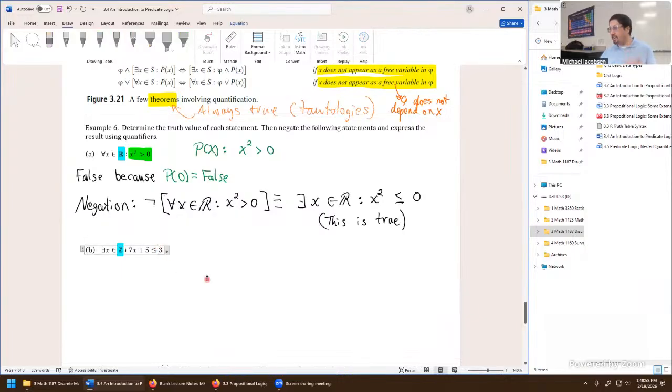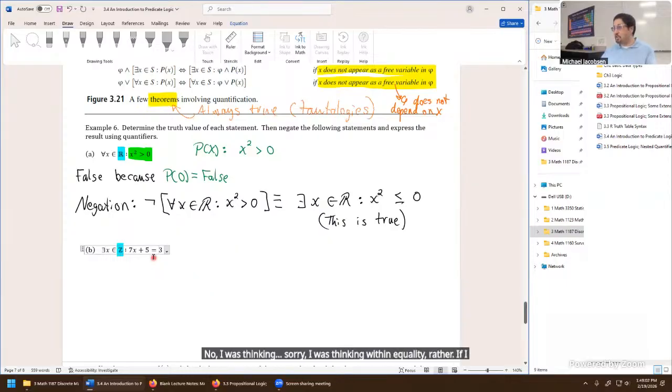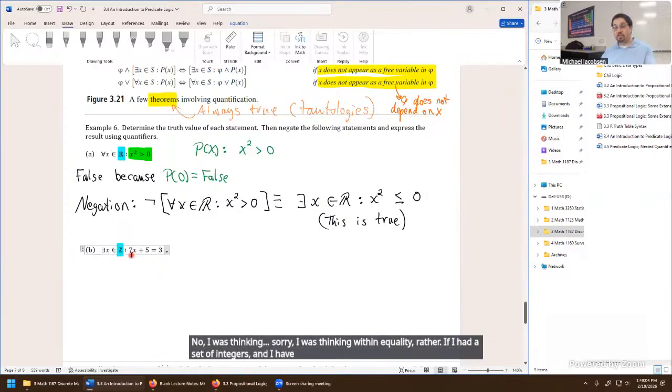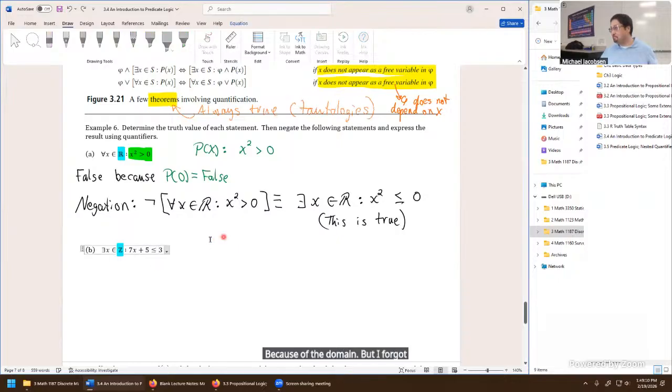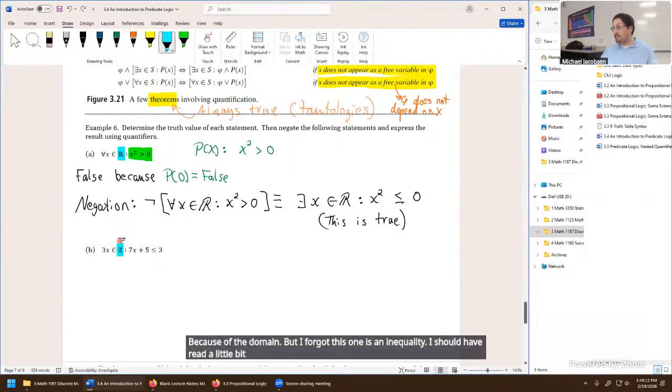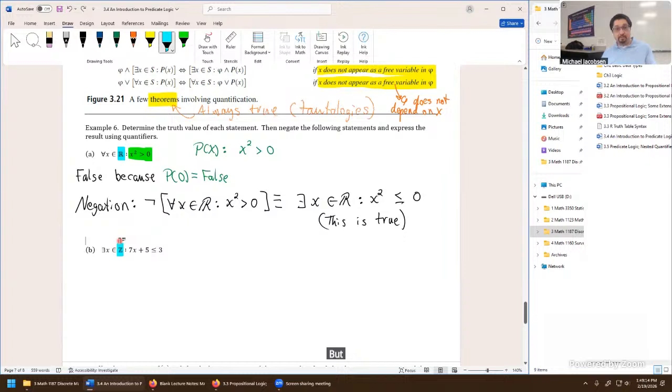If I had a set of integers and I have equality here, but I force the solution to be a non-integer, we have false just because of the domain. But I forgot this one is an inequality. I should have read a little bit further ahead. But keep in mind, we're just talking about integers this time. It's the statement that says there exists an integer such that 7 times that integer plus 5 is less than or equal to 3.